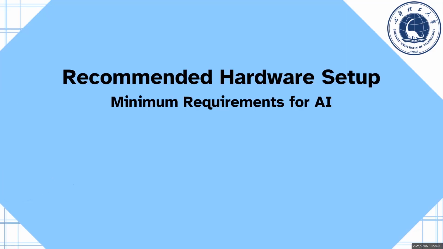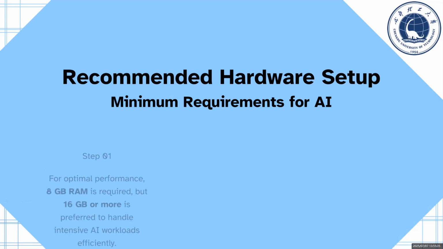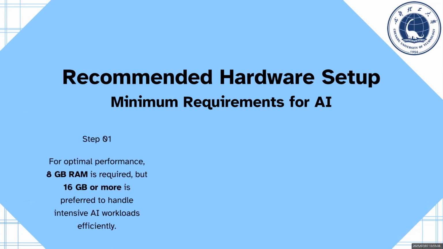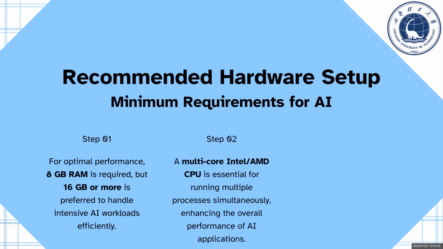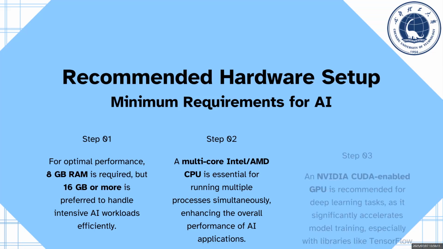Now, recommended hardware setup, minimum requirements for AI. First, you have to consider what kind of CPU you will use. You can look at 8 GB RAM for optimal performance. However, 16 GB or more is preferred to handle intensive AI workloads efficiently. Number two, you have to look at a multi-core Intel or AMD CPU, which is necessary to run multi-processing simultaneously, and in all, it enhances the performance of our AI application.